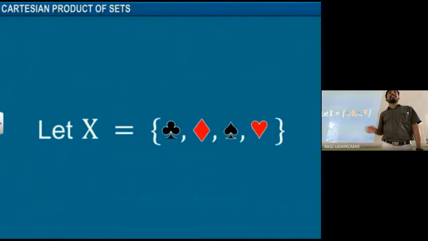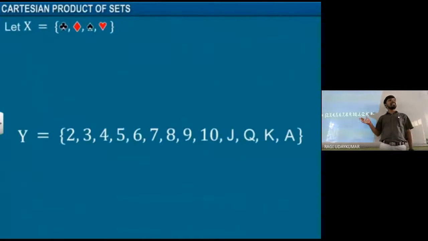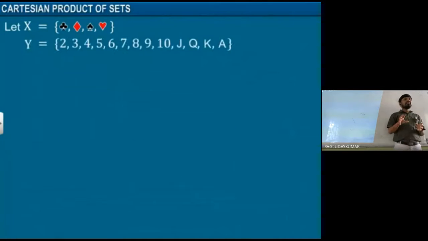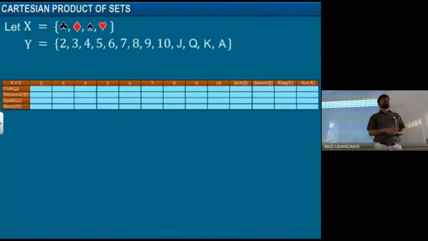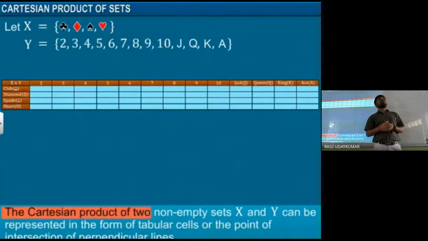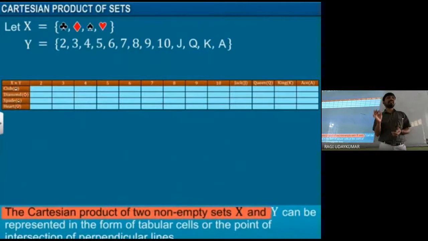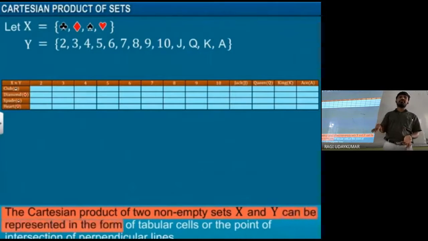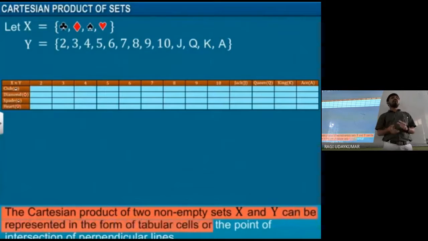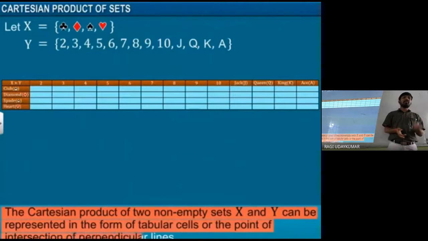So that was taken as one set X, and Y is taken as the numbers and English letters: 2, 3, 4, 5, 6, 7, 8, 9, 10, J, Q, K, A, that is, the numbers normally available in cards. The Cartesian product of two non-empty sets X and Y can be represented in tabular form, as the points of intersection of perpendicular lines.